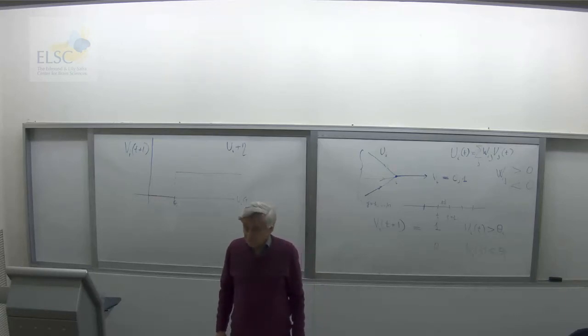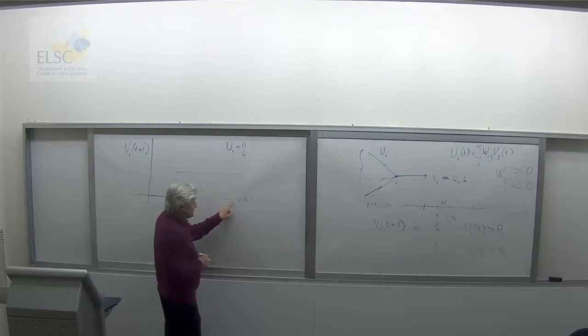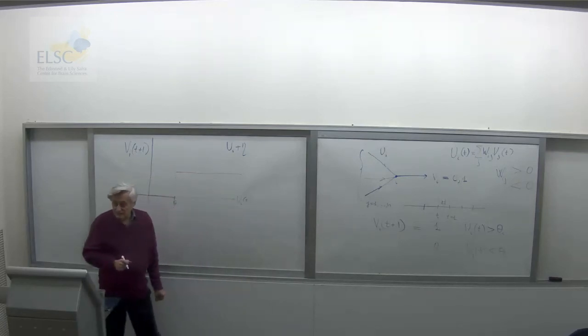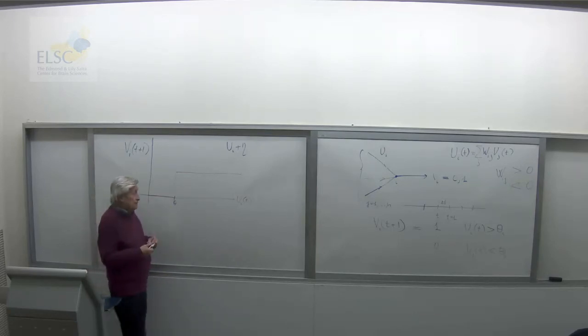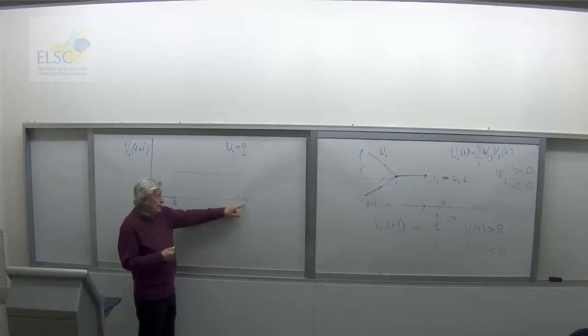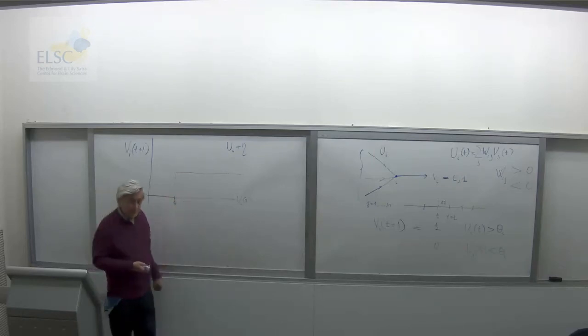Otherwise not. And therefore, you see that if we draw something like this, there may be a u_i which is lower than theta_i, somewhere here, and the postsynaptic neuron will fire nevertheless, or vice versa.